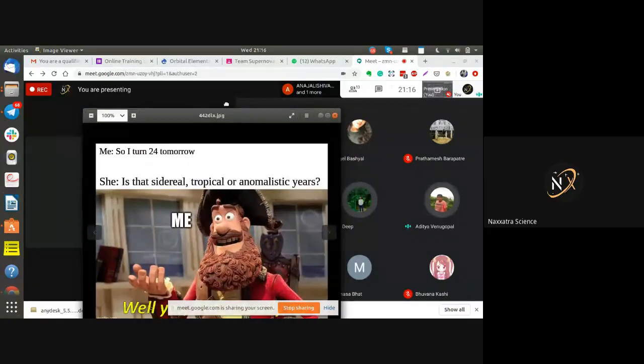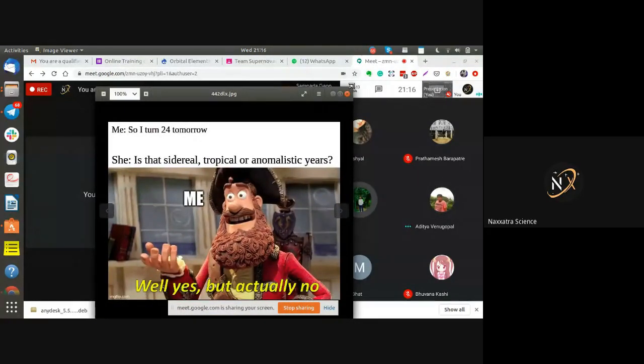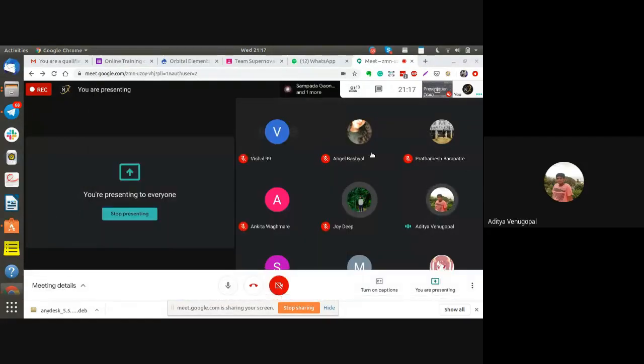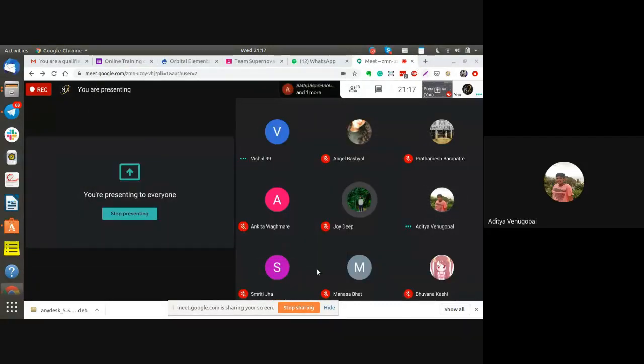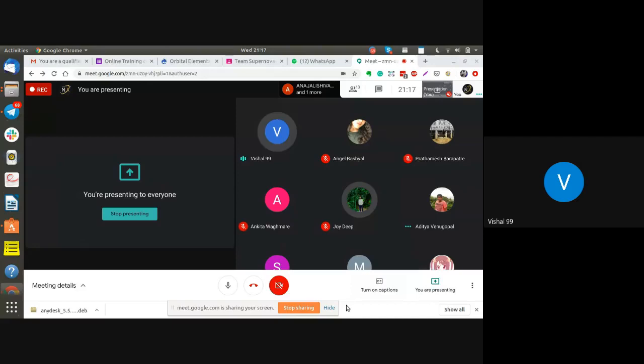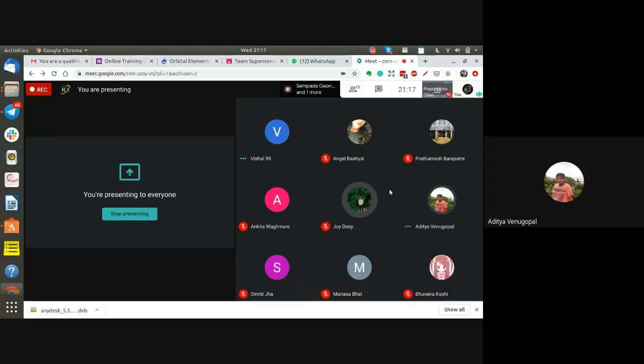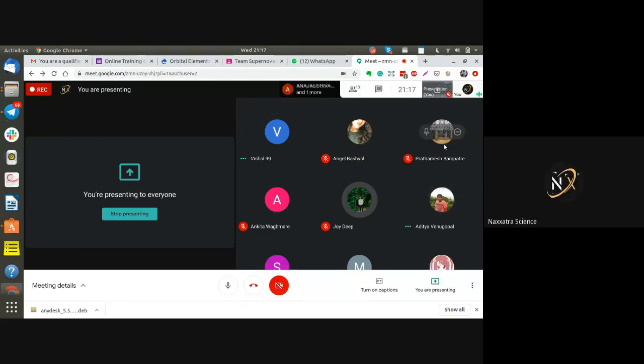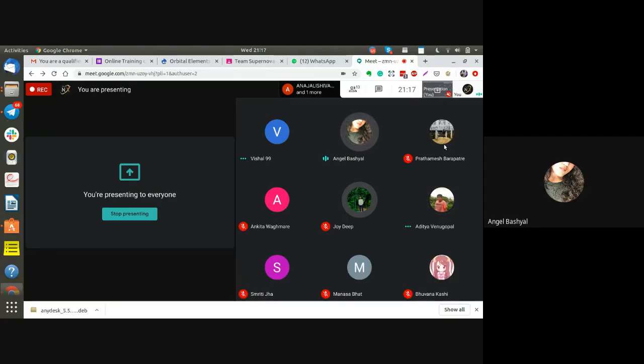So can someone start with sidereal? What do you guys think sidereal means? It's the time that passes when we are in space. Correct. So sidereal has a root, and the root of the word basically means with respect to the stars. Sidereal is talking about a permanent framework.